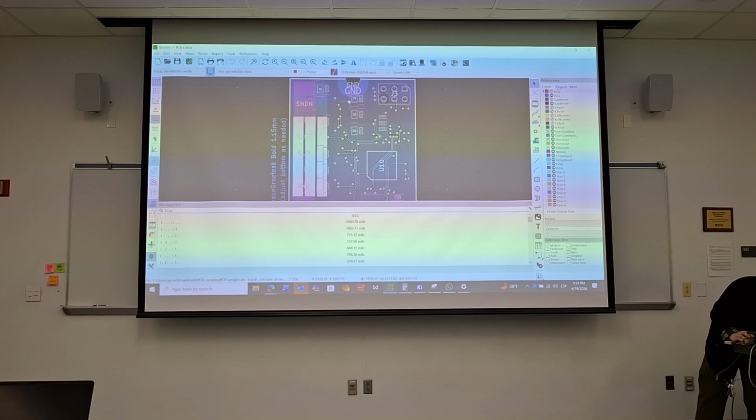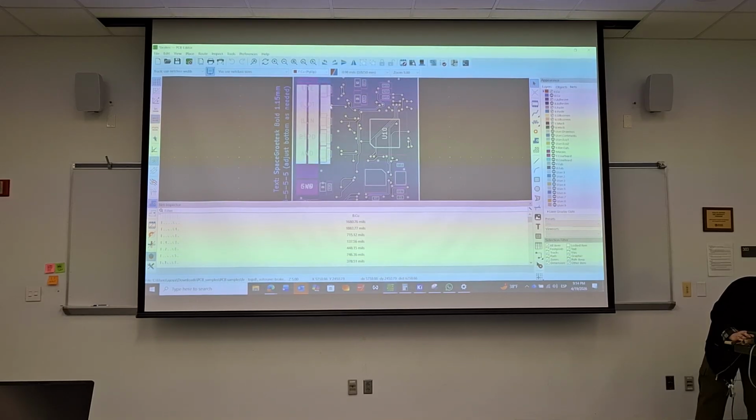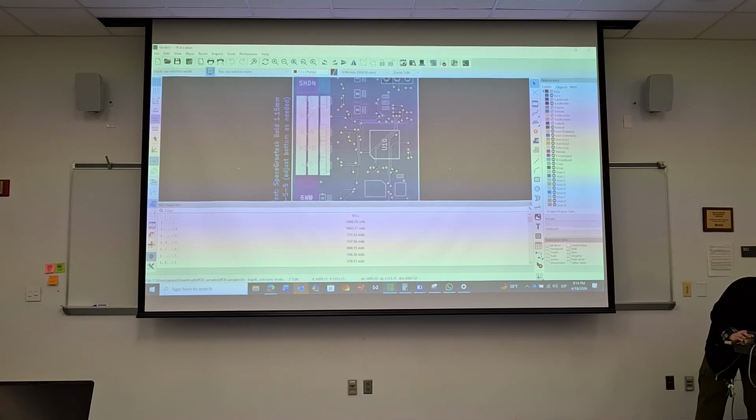Yeah, because the problem is your ground is being broken up by all of these traces. So if I'm going top down, I only have ground here, this little pocket here, which leads nowhere.